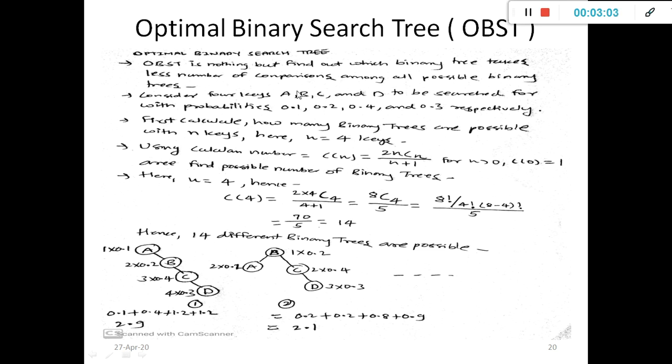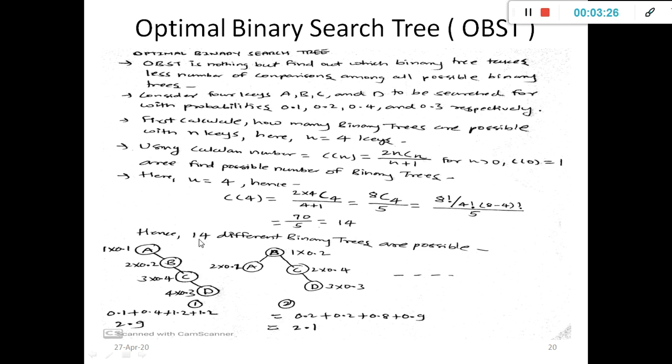Here the n value is 4, hence C of 4 is equal to 8C4 divided by 5, which is 70 by 5, equal to 14. So for n equal to 4 keys, a maximum of 14 binary trees are possible.